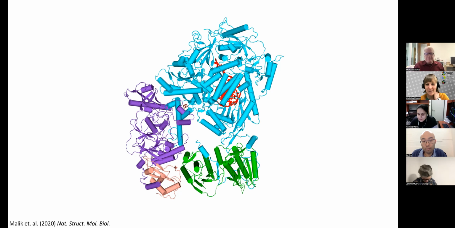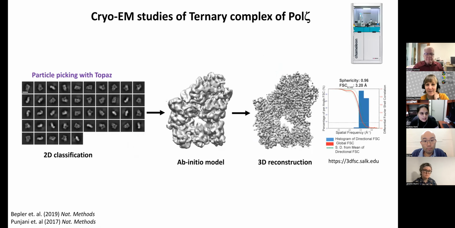So basically for picking better particles, I would say, if you look at these classes here, and you see these side views here, Topaz is really good at picking these side views in our data set.